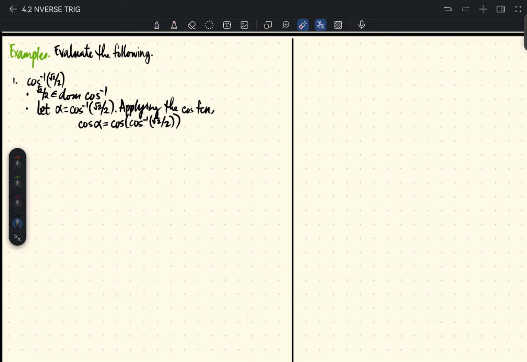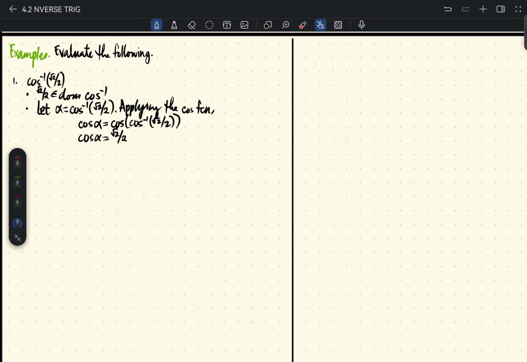And since square root of 2 over 2 is inside the domain of cosine inverse, these two cancel, or in short, they revert the effect of each other. So you get here cosine alpha being equal to square root of 2 over 2.